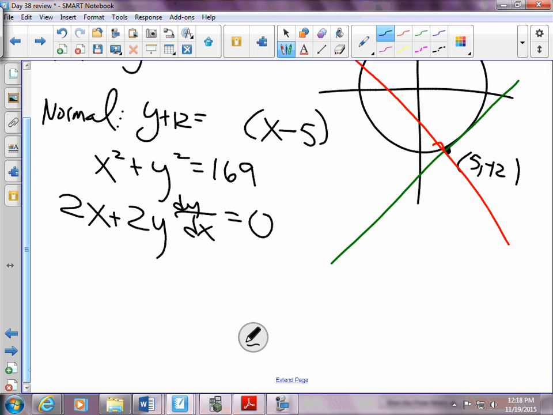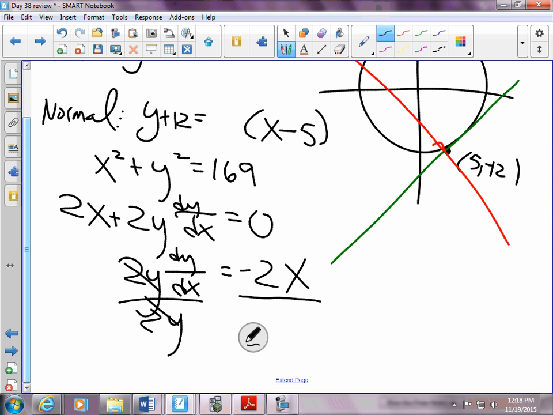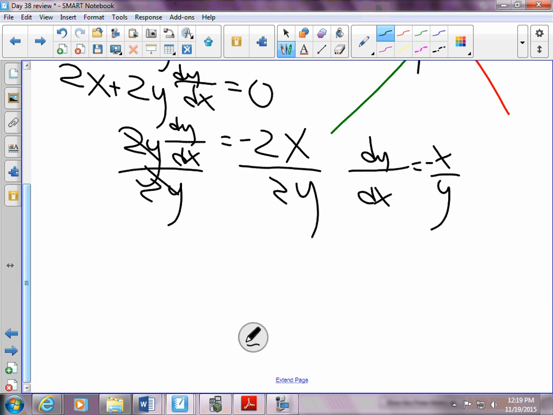Okay, we move the 2x to the other side, so it'll be negative. So we have 2y dy dx equals negative 2x. We didn't even have to pull it out; there's just one term. We just divide each side by 2y. And so our derivative equals negative x over y. But we want the derivative evaluated at the point 5, negative 12.